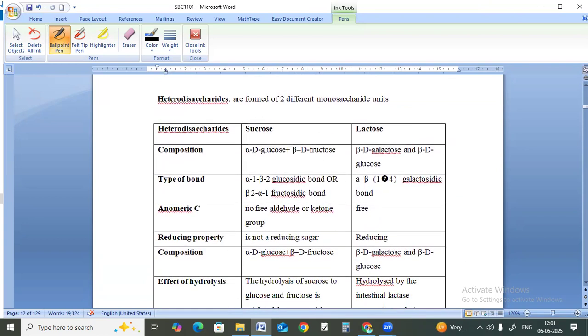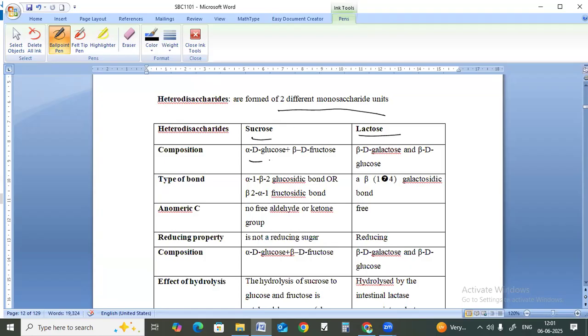And next, coming to the heterodisaccharides: these contain different units of monosaccharides, mainly formed of two different monosaccharide units. The main examples are sucrose and lactose.